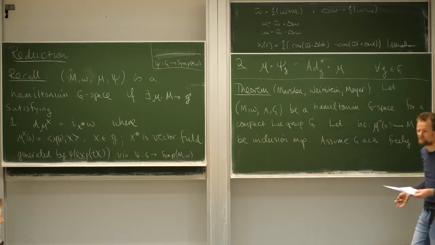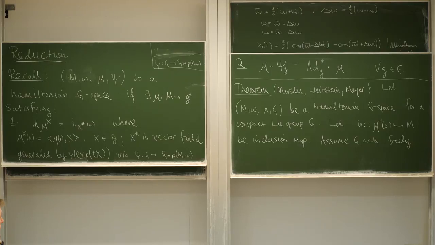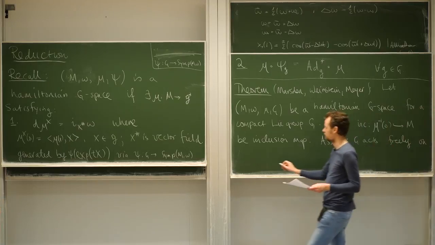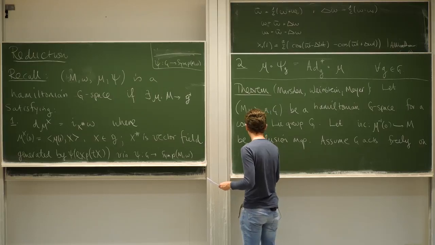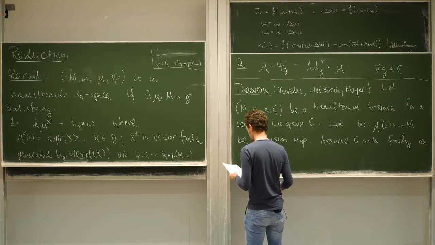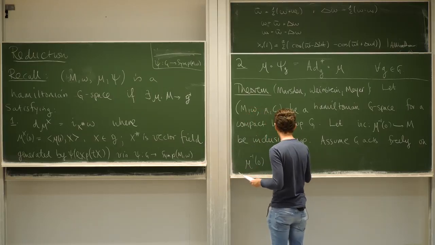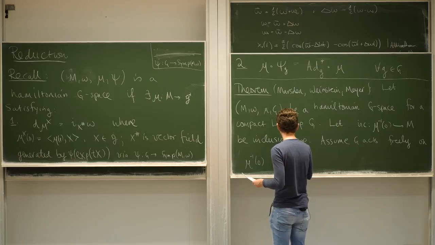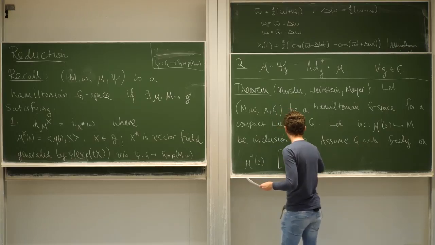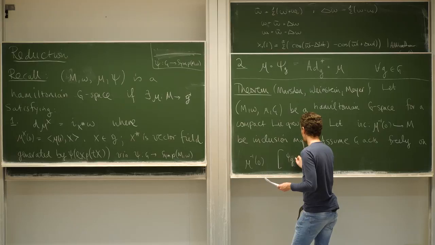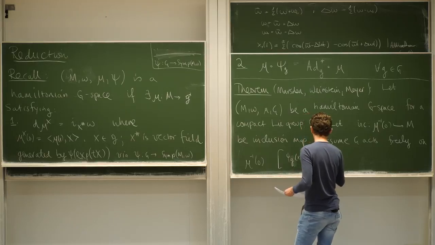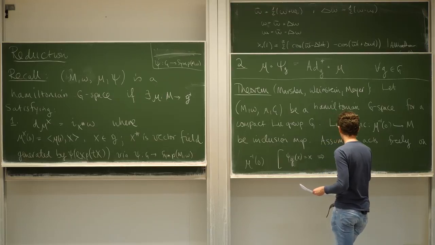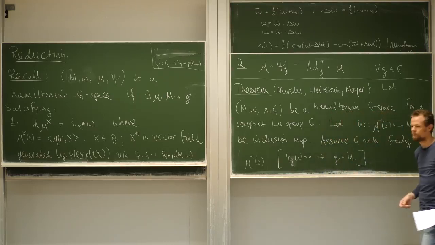We're going to make some assumptions. We're going to assume that G acts freely on this funny set mu minus 1. What does free mean? Well, it means that if G fixes some point x, that implies that G is the identity. That's what free means.